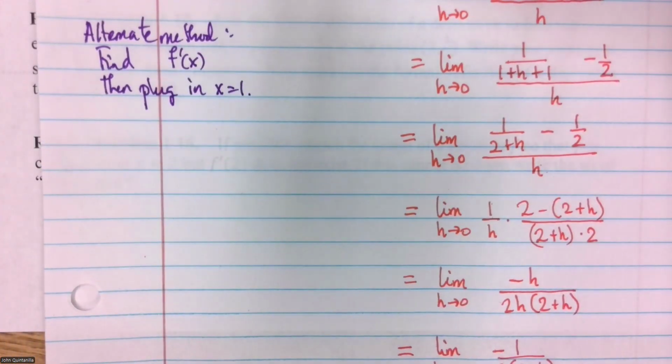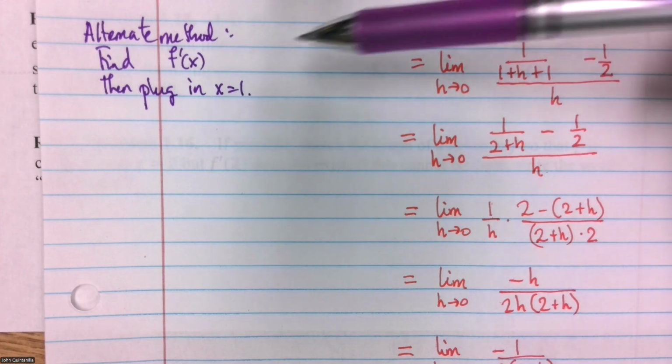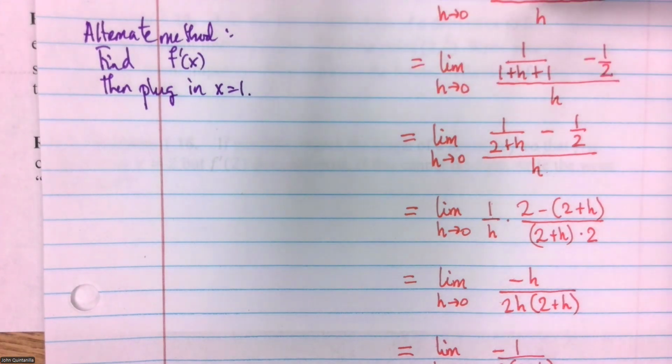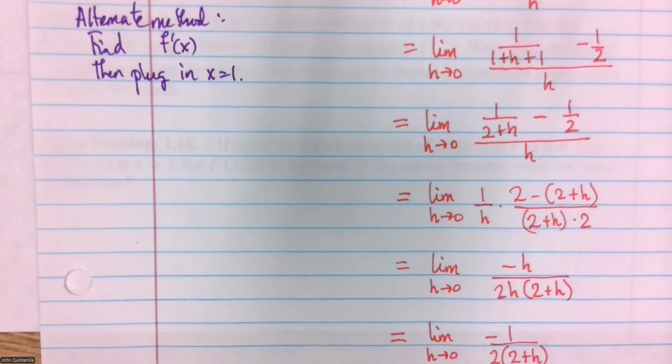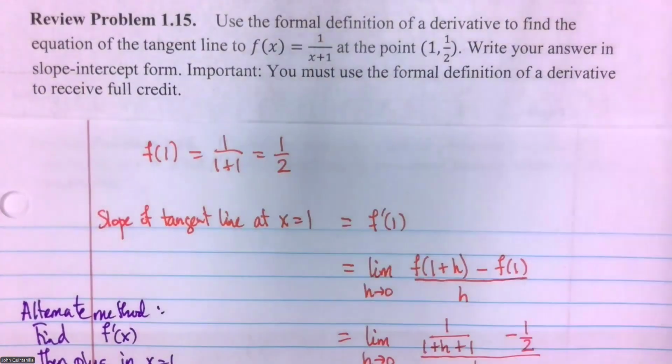So the alternate method is to find the derivative in general, where instead of having 1 plus h and f of 1, I would have f of x plus h minus f of x, and then do the similar simplifications and then plug in x equal to 1. That works. I didn't do that here, mostly for the sake of variety, because we had a problem like this already in a separate review problem. Okay, now back to the question at hand.